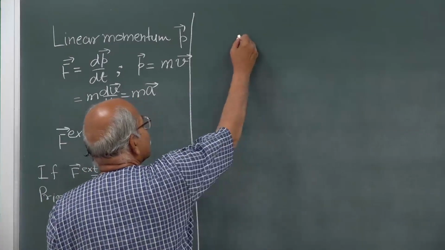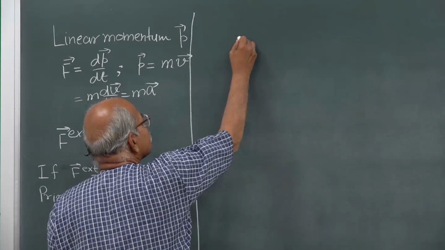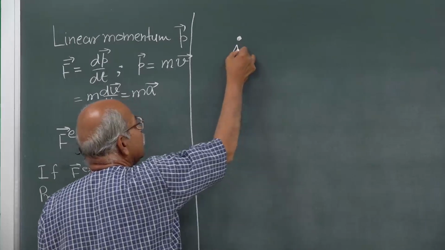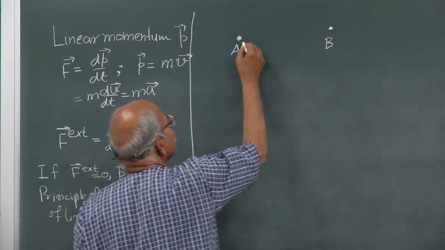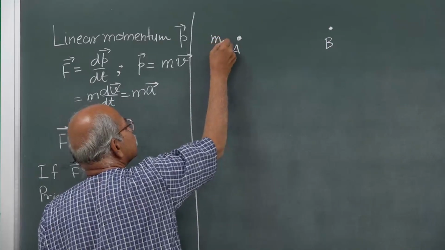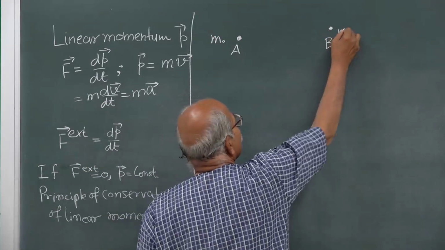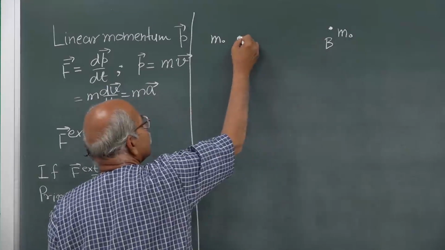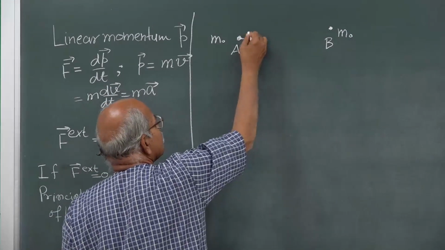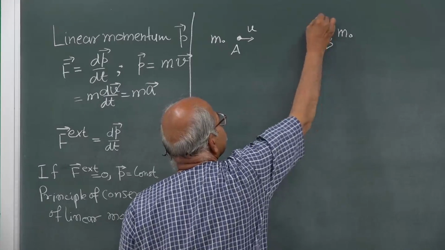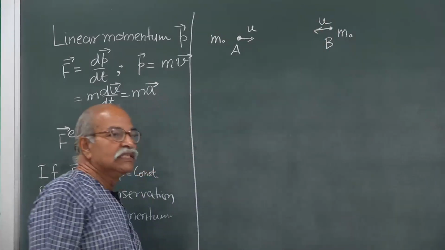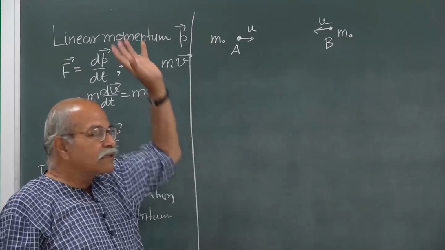Let us take two particles A and B on the x axis, each of mass m naught, and they are moving towards each other with the same speed u. So, this is the starting situation.